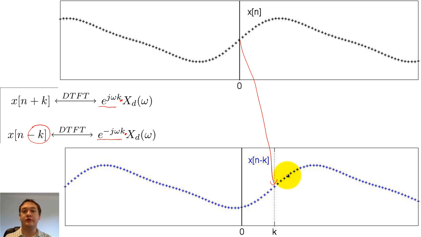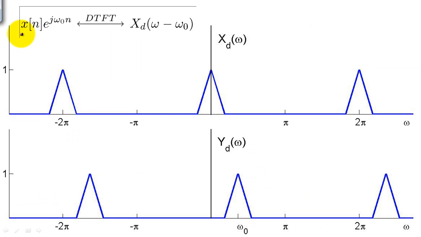Shifting affects only the phase. The modulation property is very similar to the shifting property, because if you multiply the discrete time signal by a constant factor of e to the j omega naught n, you will modulate the DTFT, or shift it to the right by omega naught.